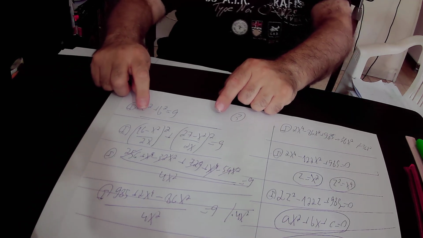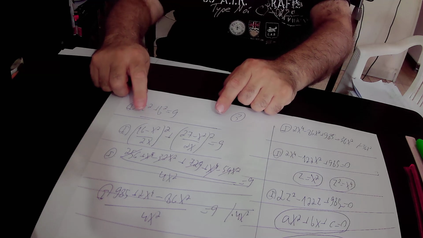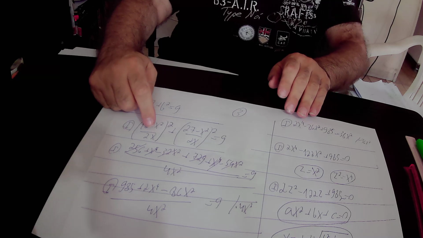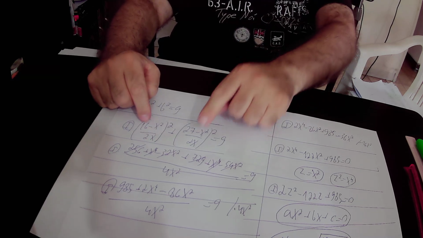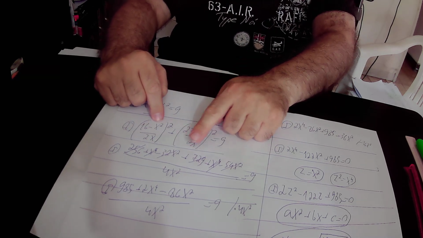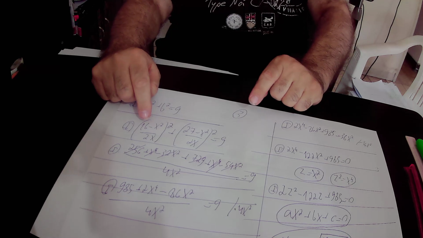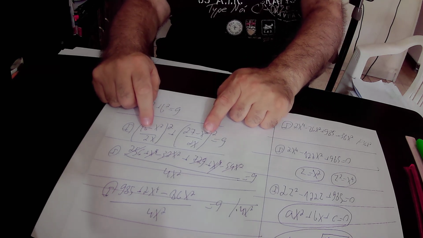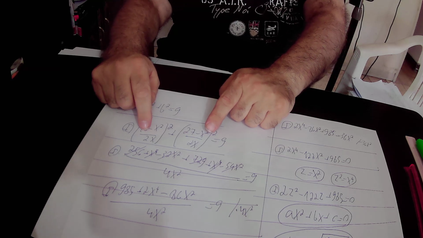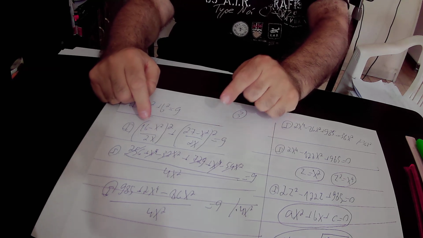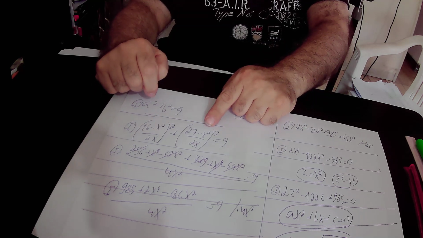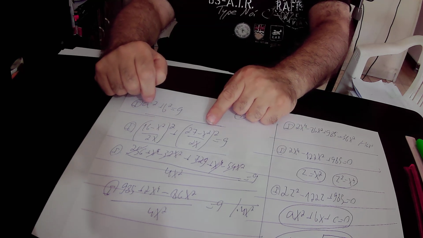Here we have (16 minus x squared) squared, which is 16 squared, that is 256, plus x squared squared is x to the power of 4, minus 2 times 16 is minus 32 times x squared. Because those two expressions have the same denominator, we can add the numerator of this expression to the numerator of the other.